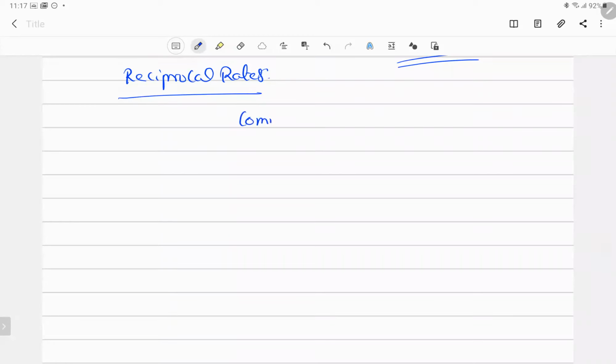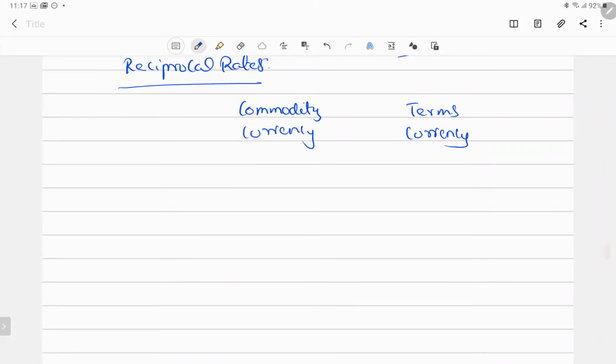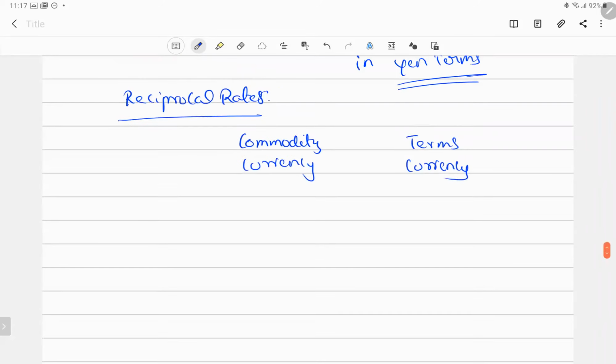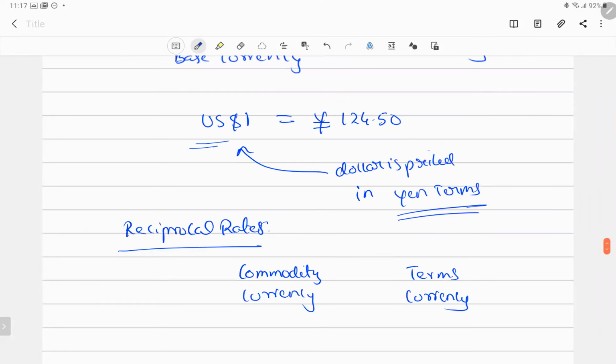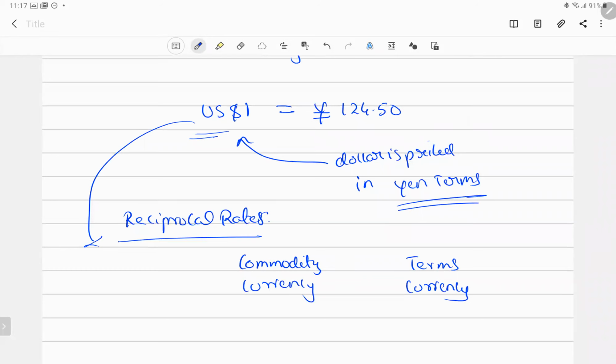I write it here, the commodity currency, and I put here the terms currency, right? So now suppose this is the original quotation they have given, right?